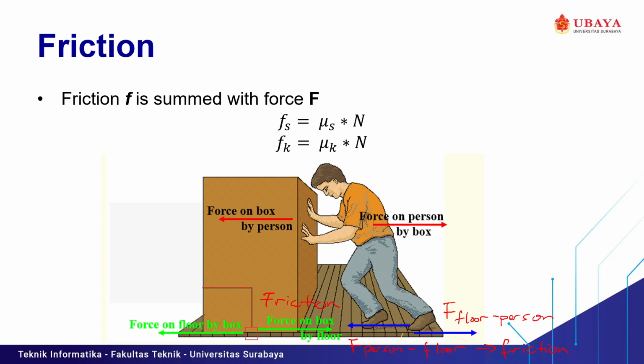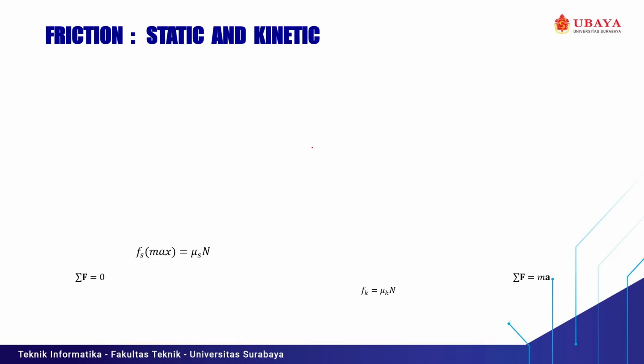Okay, now let's observe in more depth what friction is, and actually we have two types of friction here. They are denoted by Fs and Fk. What are these? Static friction and kinetic friction, and there is some text already here.